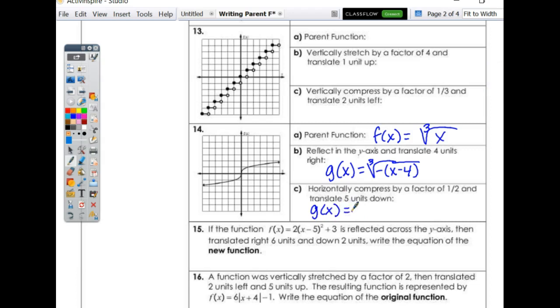Okay, horizontally compressed by a factor of 1/2. So what do I have to do with that 1/2? Right, so I do 1 over 1/2, which means it's 2, and translate 5 units down. So I'm going to have the cube root of 2x minus 5.